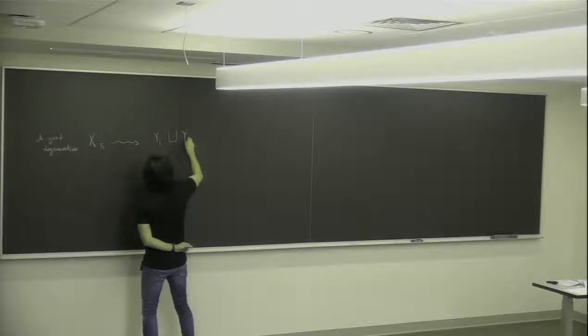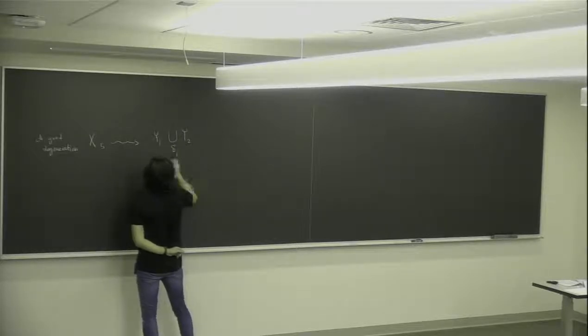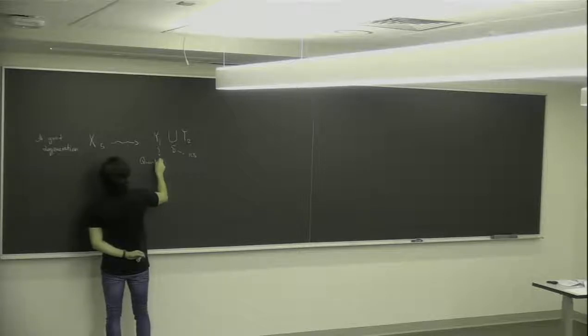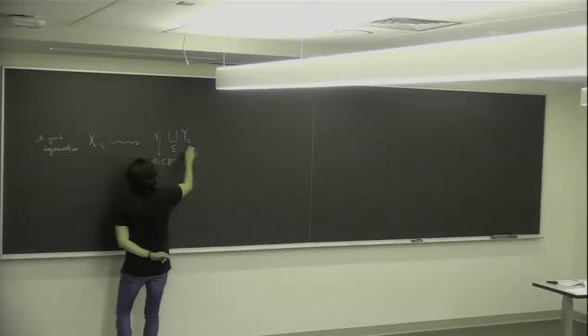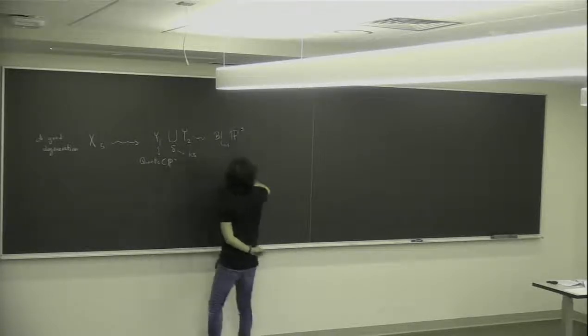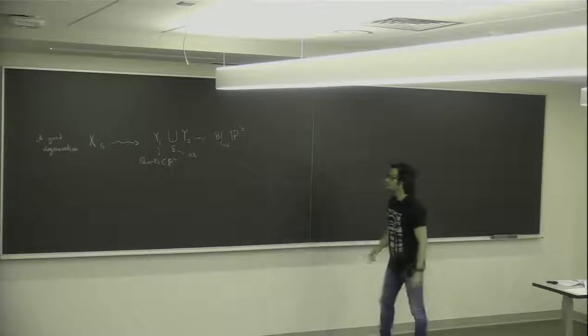I call them Y1 and Y2 over some S. This S was a K3 surface. Y1 was the quintic inside P4, and Y2 was some blow up along some complete intersection curve in P3. We had something like that.